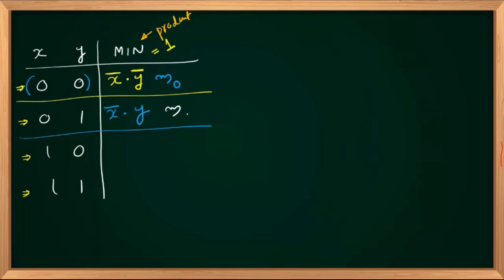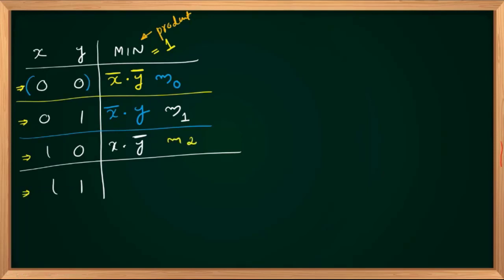What is the decimal equivalent of 0, 1? Decimal 1, correct? Similarly, third case, the product x dot y bar, correct? If x equal to 1, y equal to 0, I should write x dot y complement, so that that particular combination, that is 1, 0, will return a 1. So x dot y complement, and decimal equivalent is 2, so this is nothing but M2, correct?